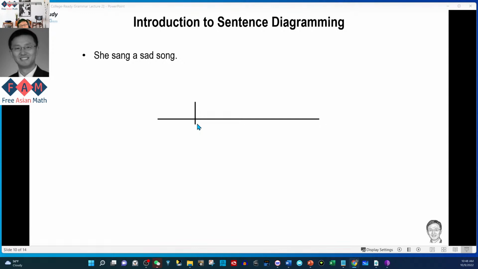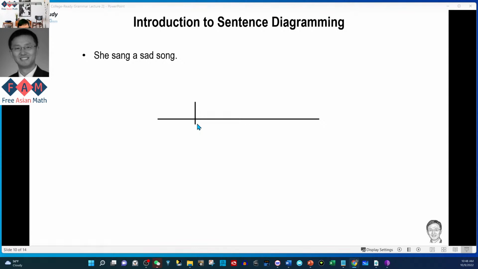So this vertical bar, as we said, separates the subject from the predicate. So you can immediately understand the subject will be on the left-hand side and the verb will be on the right-hand side and above the main line. That's very important. We want to put important information above the main line.